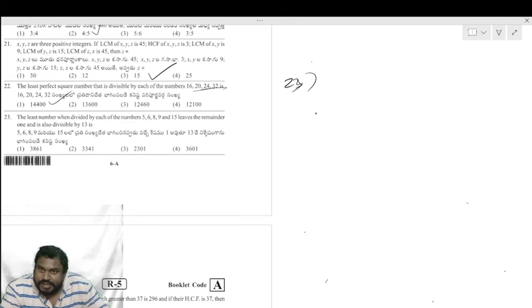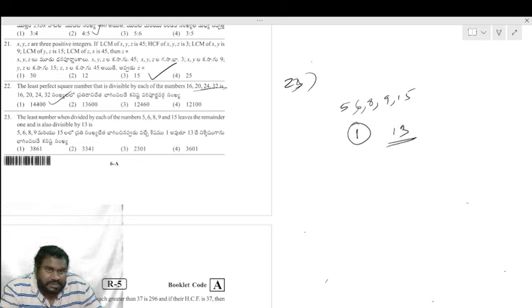The least number when divided by each of the numbers 5, 6, 8, 9, and 15 leaves the remainder 1 and is also divisible by 13. See, so we have to pick the least number, and the remainder should be 1, and it is also divisible by 13.